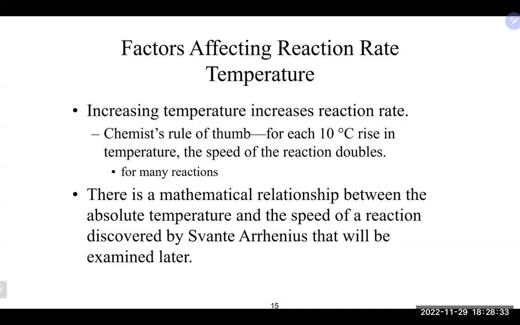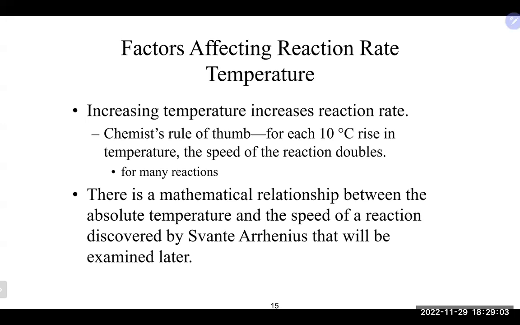Temperature plays an enormous effect on reaction rates. Typically, when you increase the temperature, everybody gains more energy, which allows barriers to be overcome, and you typically see an increase in the rate of the reaction. Not for all reactions, but for a lot of reactions, if you increase the temperature by about 10 degrees Celsius, you can expect a doubling of the rate.